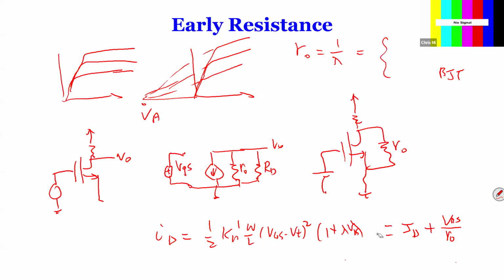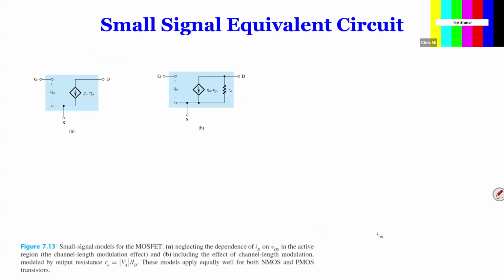If you don't have a load, where would the current flow? It can flow by itself inside the MOSFET because of the early resistance, so the circuit will still work.